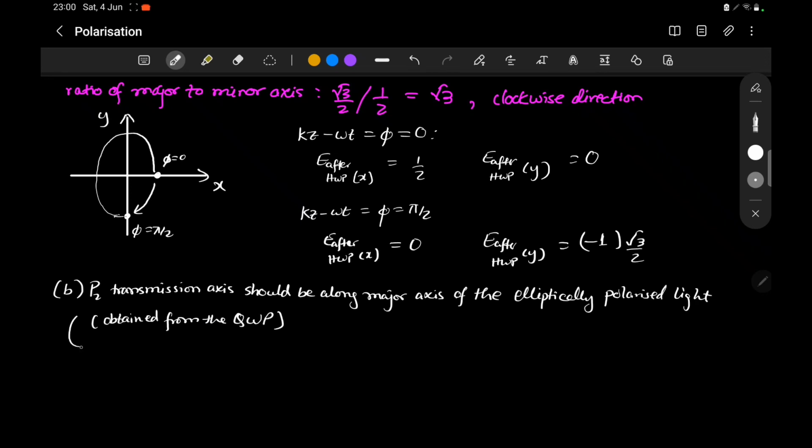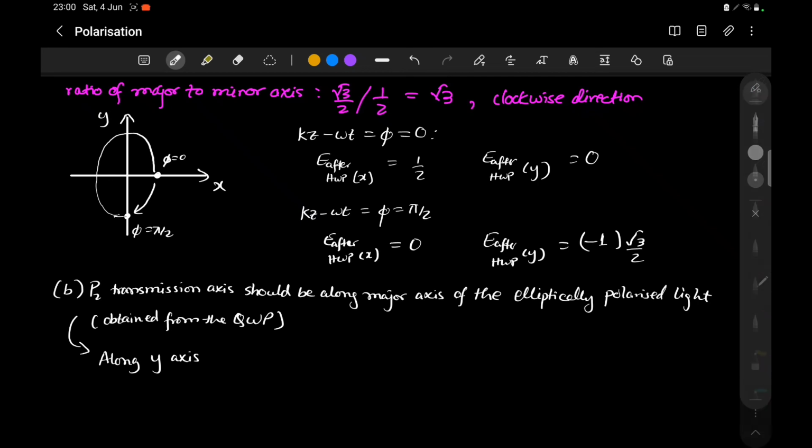So that means the transmission axis should be along the y-axis, because the y-axis is the major axis. So this will give us maximum intensity.